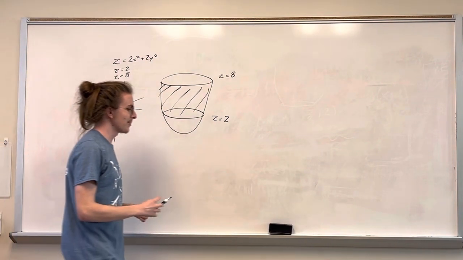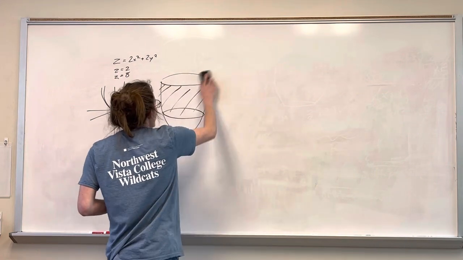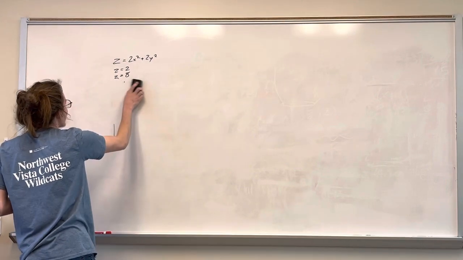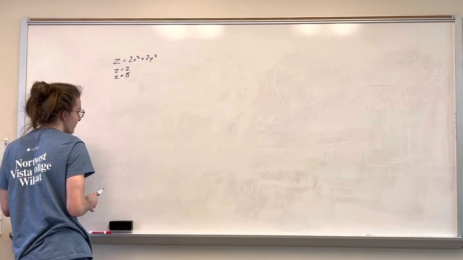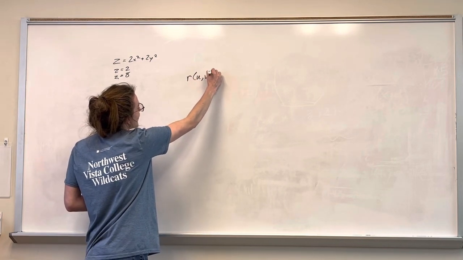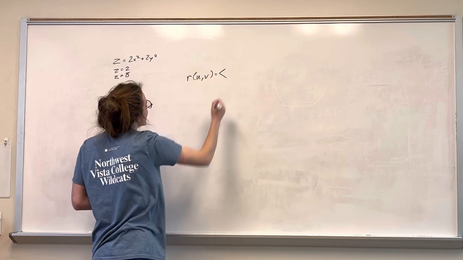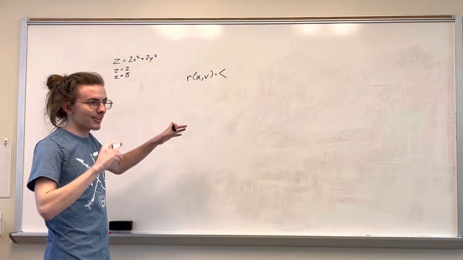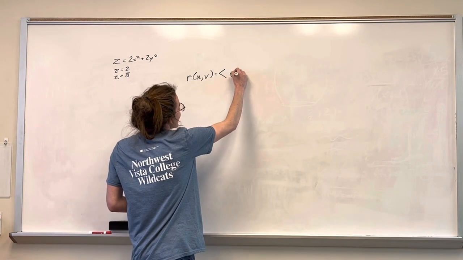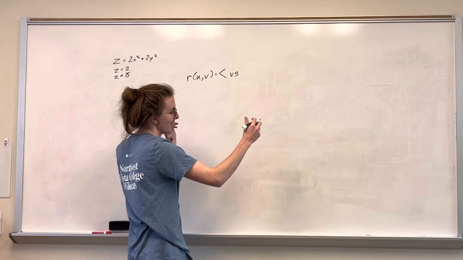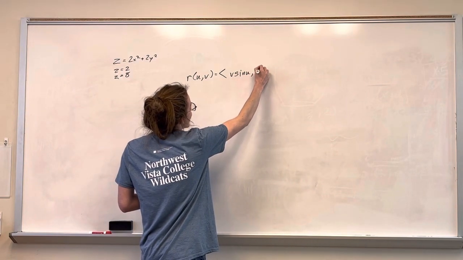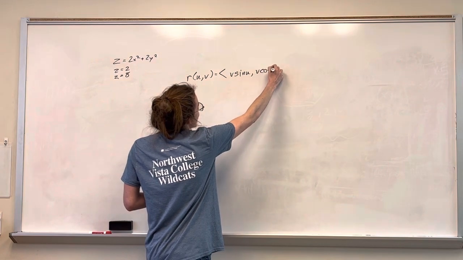How we can go about this is by creating a parametric function that will draw the surface, where r of u v equals, since it is circular, a scalar v to scale the radius, times sine u, and then another, v cosine u.